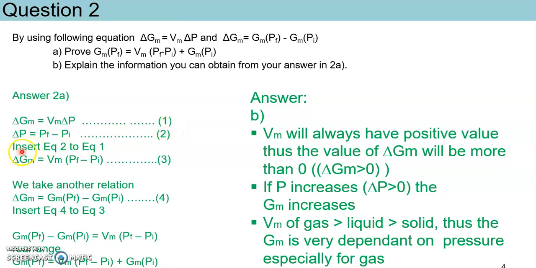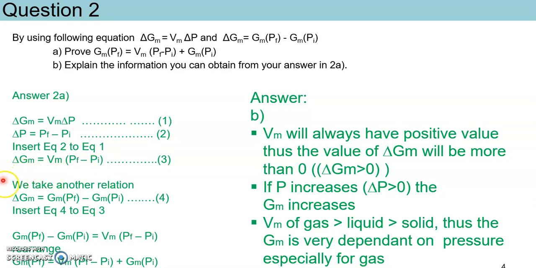Next, what we need to do is insert equation 2 into equation 1. Just replace or substitute delta P with our definition. So we will have delta Gm equal to Vm in bracket Pf minus Pi, and we label it equation 3.